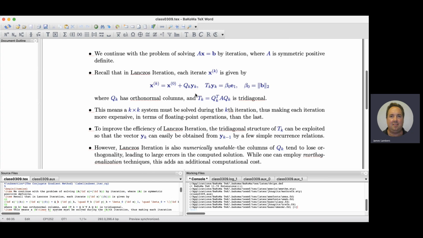But what we're going to do is try to develop a better iterative method, and that's going to be conjugate gradient.